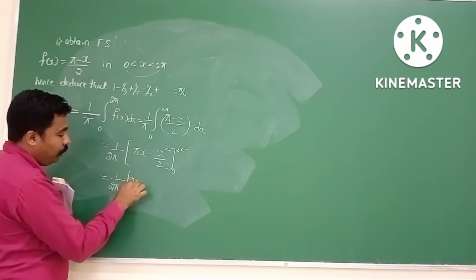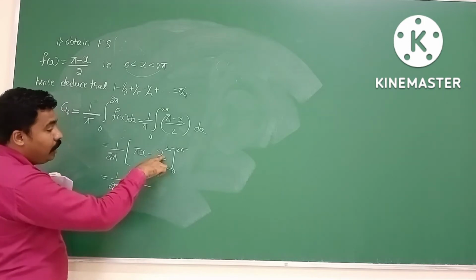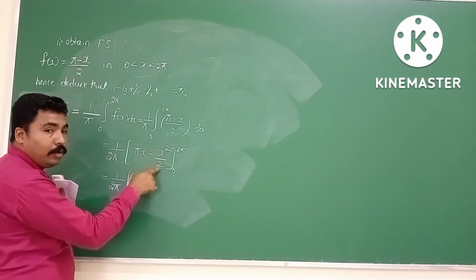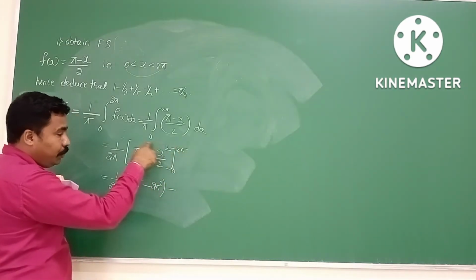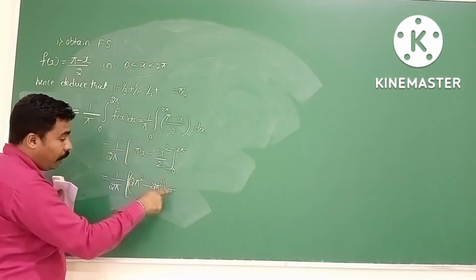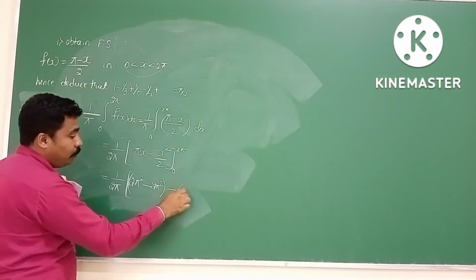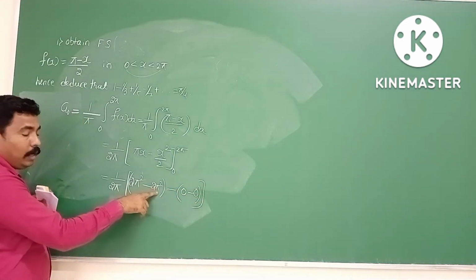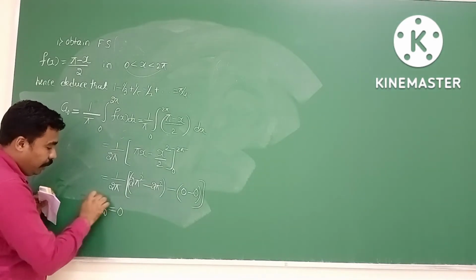Pi into 2 pi becomes 2 pi square, minus (2 pi) whole square, which is 4 pi square by 2, again 2 pi square. Upper limit I substitute for the whole term, minus lower limit for the whole term. X value is 0, 0 into something is 0. Therefore 2 pi square minus 2 pi square is 0, so a0 value will be 0.